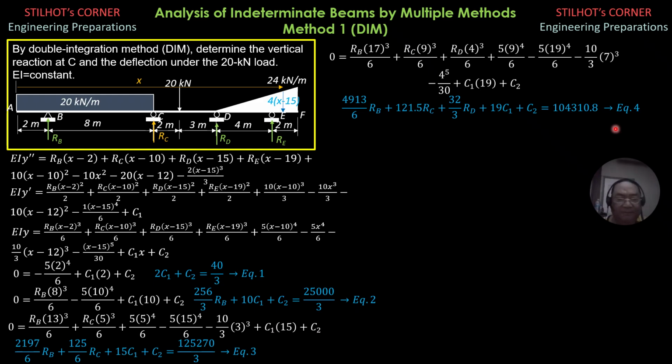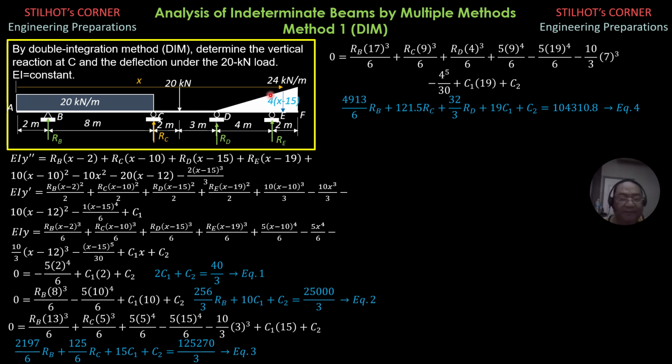Then our fifth equation would be based on this differential equation of elastic curve. Remember that this means moment. So we set x is 19 and the moment at E is negative 16 because the intensity of the loading under E is 16. And you can verify that by similar triangles.